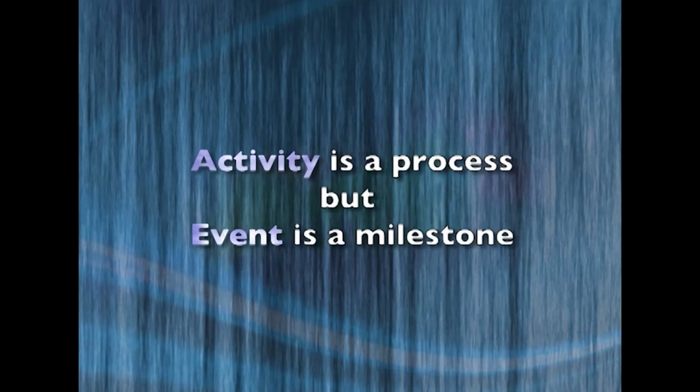So how is an activity different from an event in that case? Fine, that's an important question, a good question I would say. An activity is a task, as we say, but an event is a milestone. Do you see the difference? An event means either the beginning of an activity or the ending of an activity, or the beginning of a number of activities or the culmination of a number of activities.